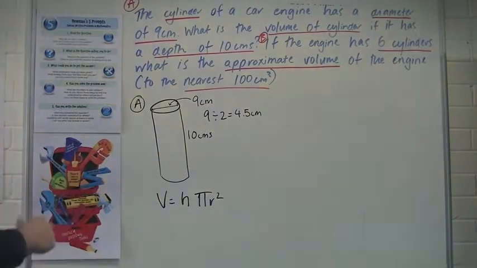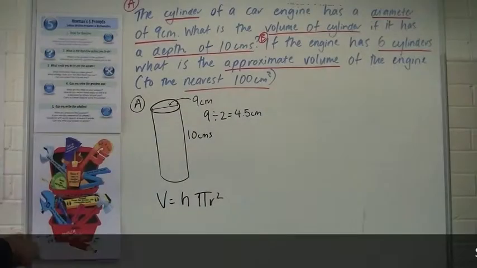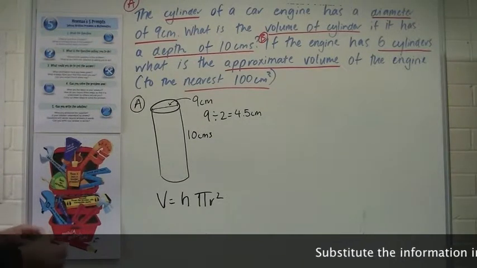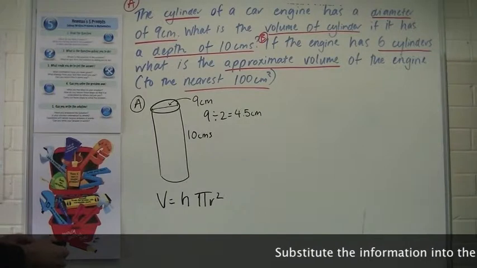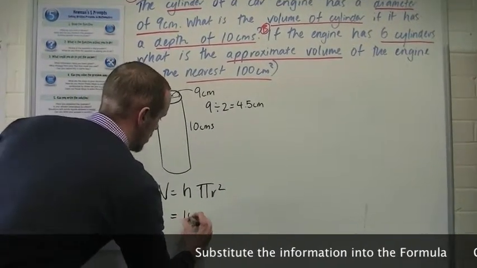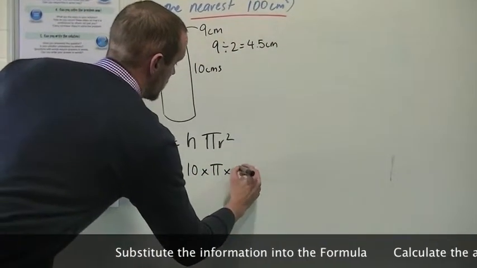Can you solve the problem now? You should be able to substitute the numbers into the equation, type that into the calculator, and come out with an answer. So the first step is the substitution of our numbers and our parameters.